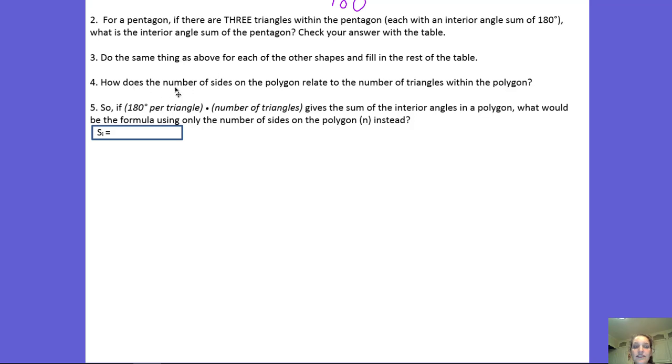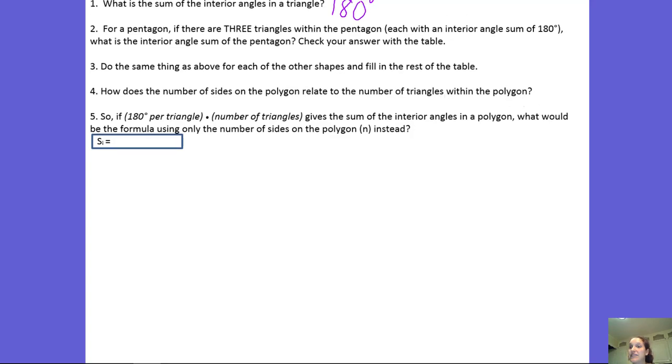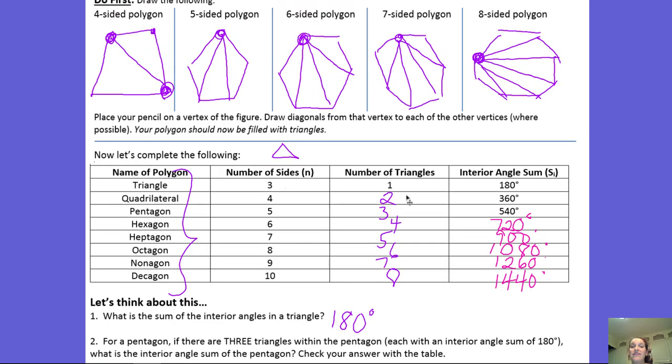So how does the number of sides on the polygon relate to the number of triangles within the polygon? There's got to be some sort of connection between the number of sides and the number of triangles. From now on, the number of sides of your polygon, we're always going to use the variable n. The number of sides and the number of triangles are 2 off.